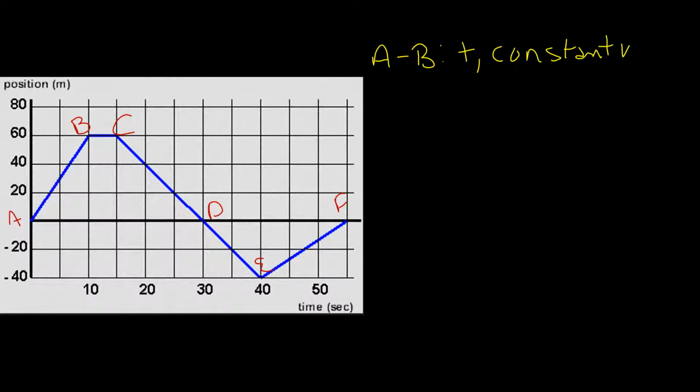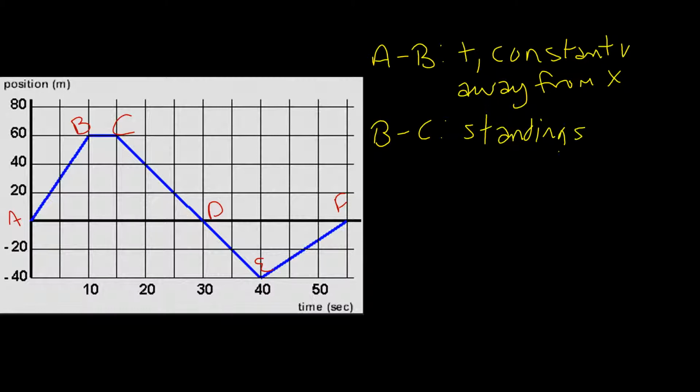It is moving away from the axis, the x-axis, the time axis. From B to C, it's standing still, or not moving, because it's horizontal.